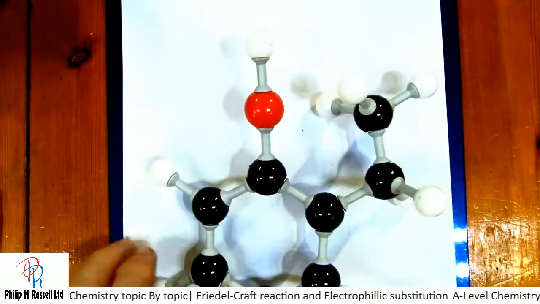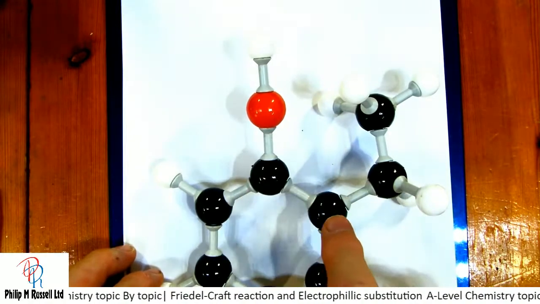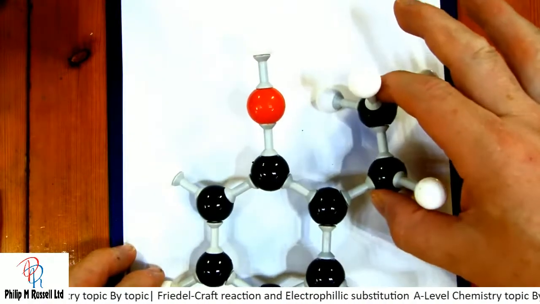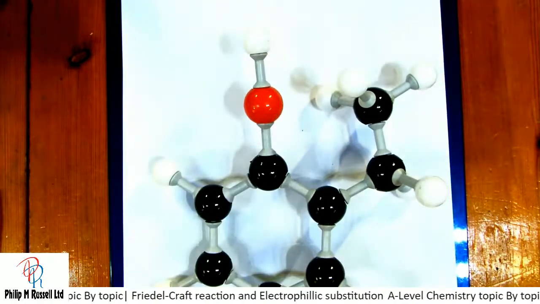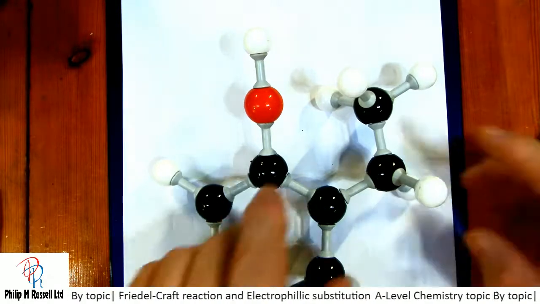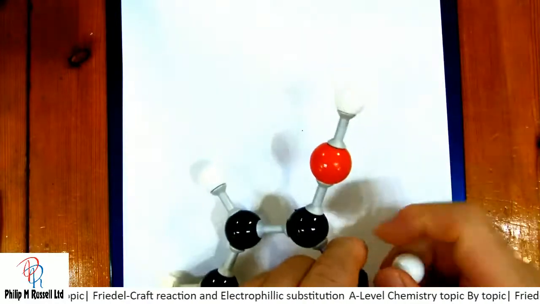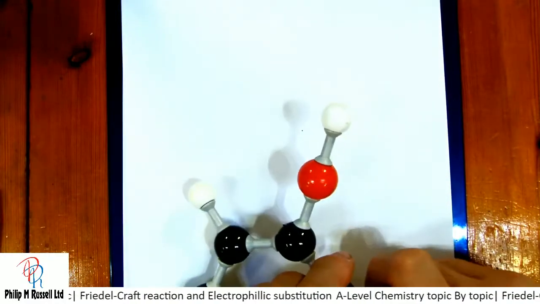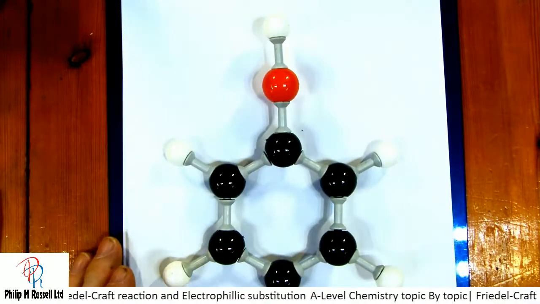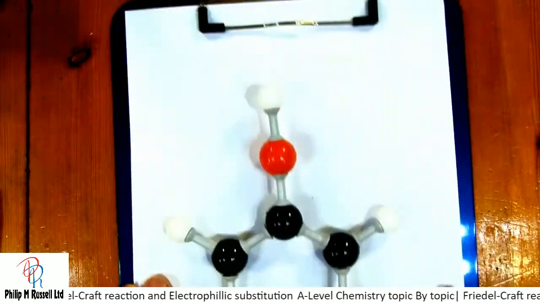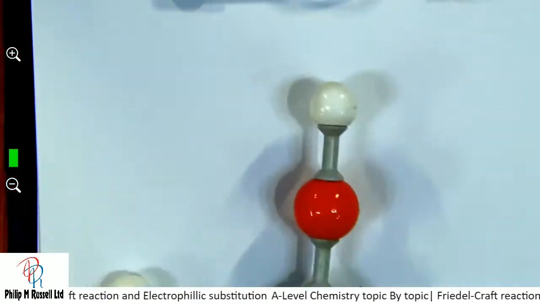Here we've got, starting at position 1, 2-ethyl phenol, and this is a phenol. Phenol is a weak acid. It therefore means it partially dissociates in water, and we could have a look at that. I suppose we ought to write that one down. It's a thing that we need to be aware of.